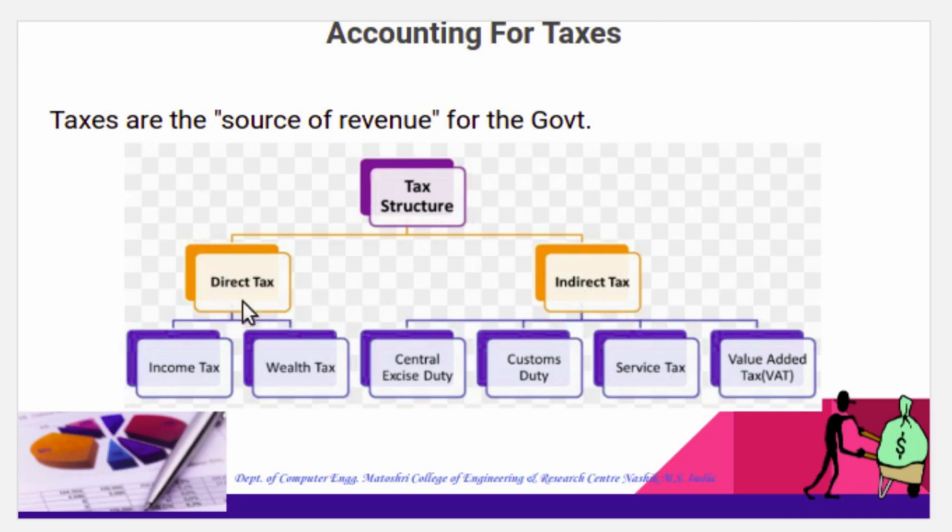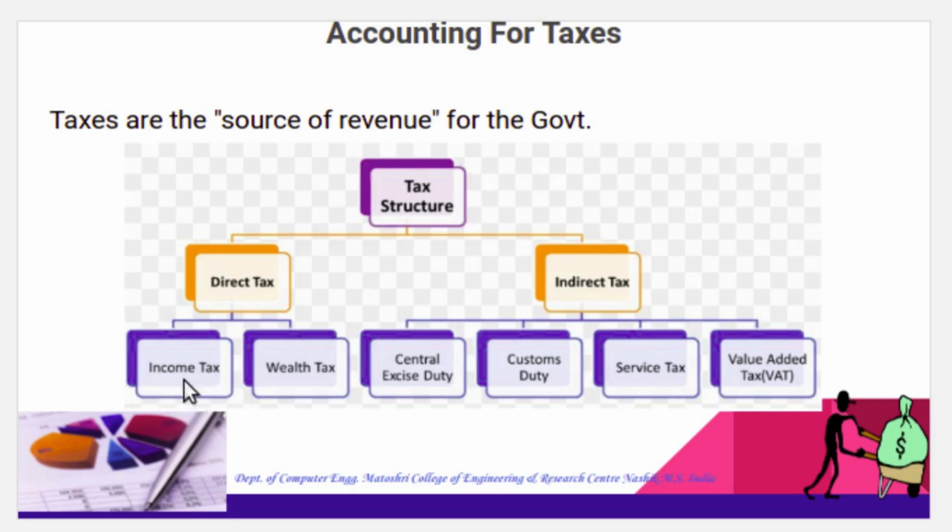So what is a direct tax? It is a tax levied directly on a taxpayer, who pays it to the government and cannot pass it on to someone else. Then the question arises, what are the direct taxes imposed in India? Some of the important direct taxes imposed in India are, such as, income tax.